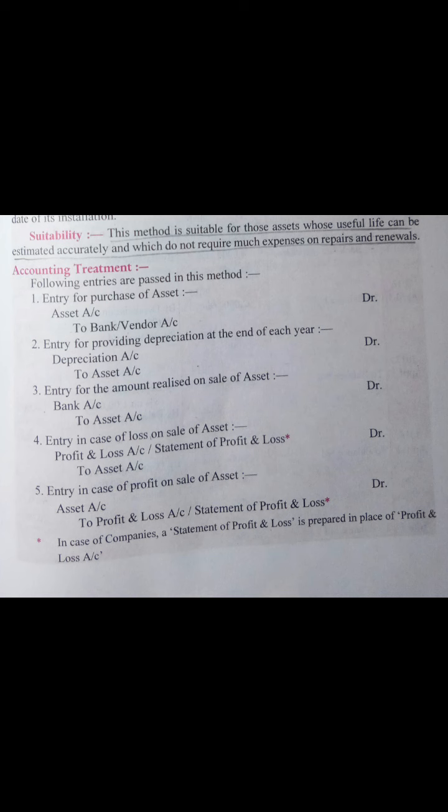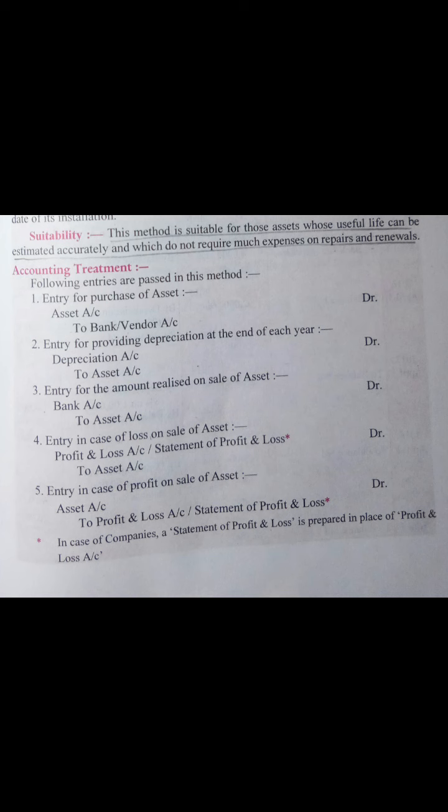Now the next entry would be the entry for the amount realized on the sale of an asset. Whenever we sell our asset, the asset is going out of the company, and in exchange of that we are going to receive either cash in hand or cash at bank.